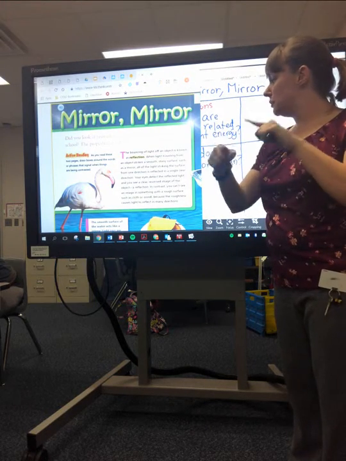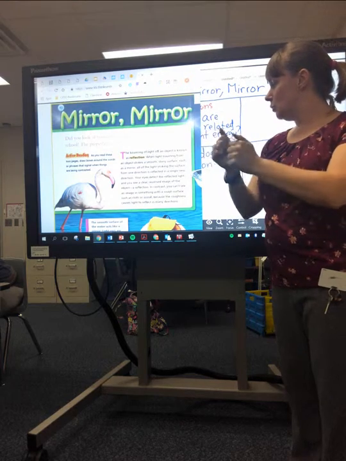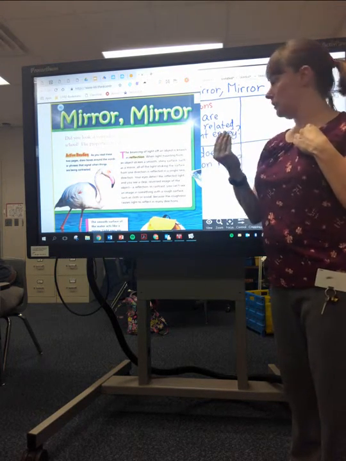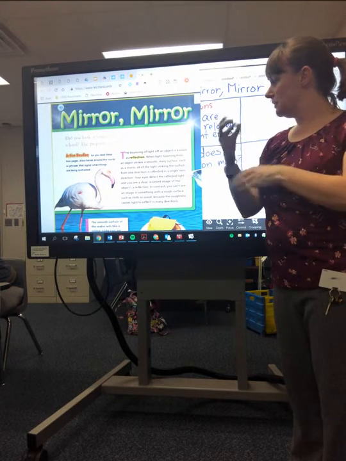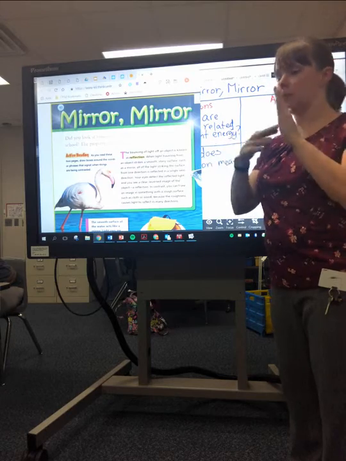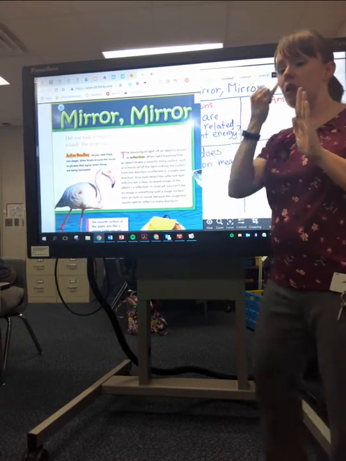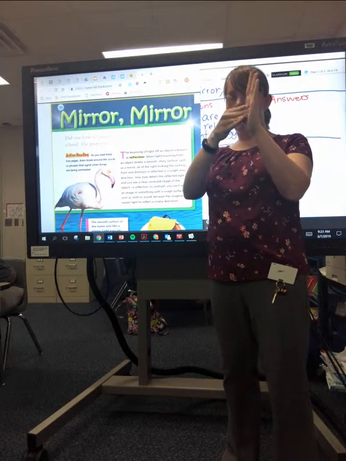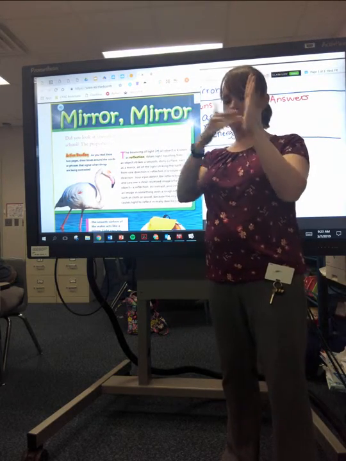In contrast, you can't see an image in something with a rough surface, such as cloth or wood, because the roughness causes light to reflect in many, many directions. So if it's smooth, all the light stays together.